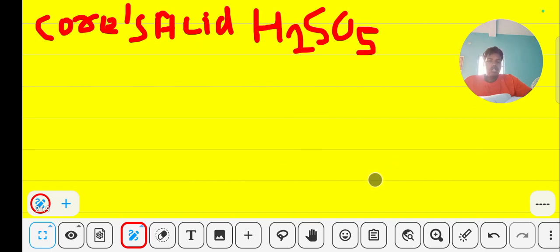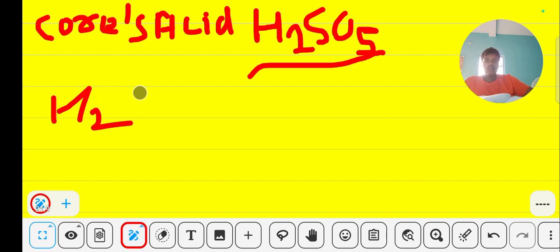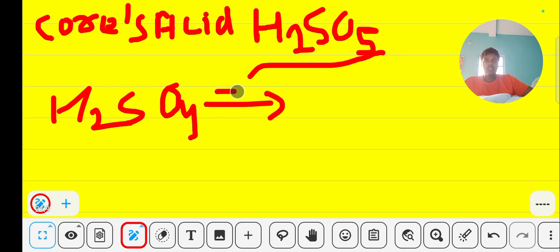Now let's talk about another example, that is Caro's acid, H2SO5. It is like H2SO4. In H2SO4, if we add one oxygen, then it will become this.